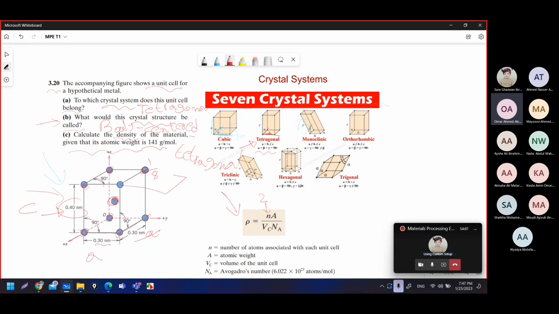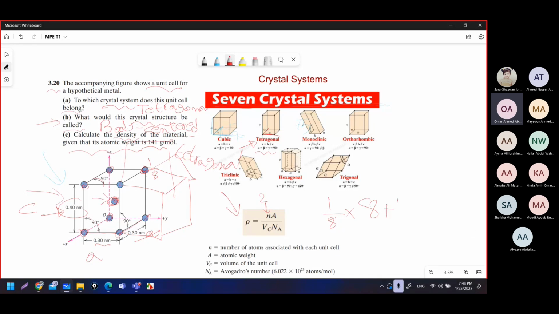This unit cell will be connected to another unit cell from here, from the other side, and from the top, so each unit cell has only 1/8 of each corner atom. You have 8 corners, so 1/8 times 8, and you have this atom in the center of the cube, so plus 1. At the end you will have 2 atoms.